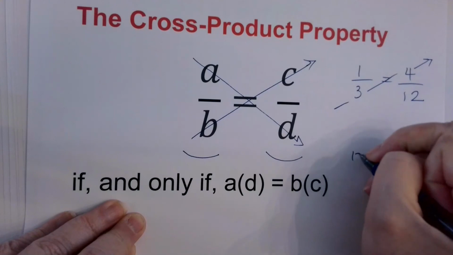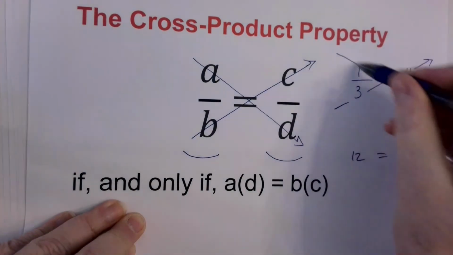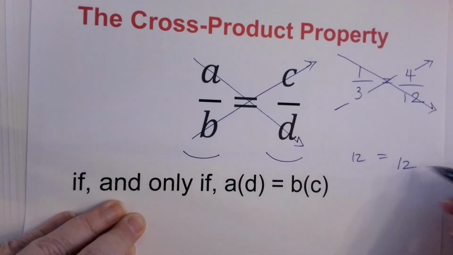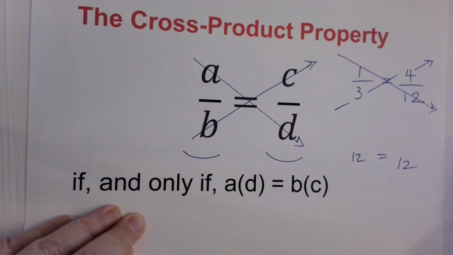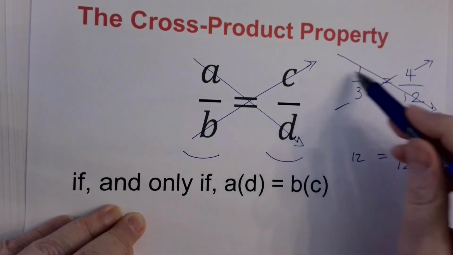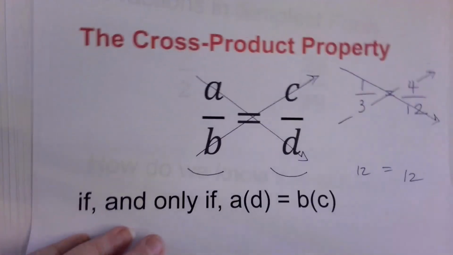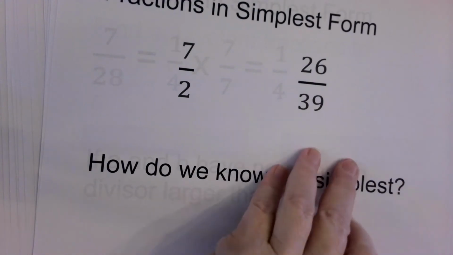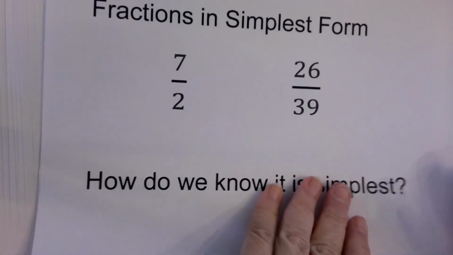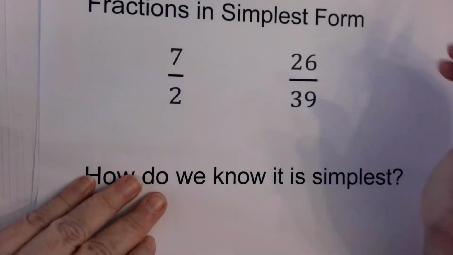I get 12. What happens if I multiply 1 times 12? I get 12. This will always work because you're cross multiplying 2 equal fractions. That's how you can find a missing number that way.